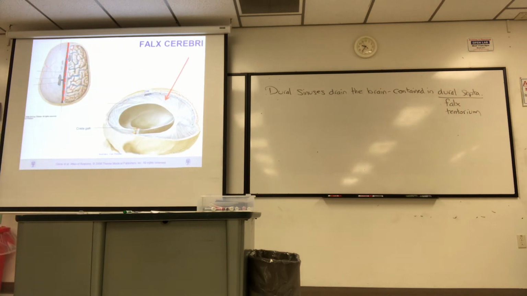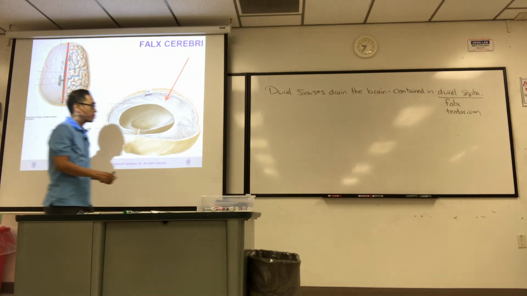I put this picture here because the big red line tells you what this septa separates. The falx cerebri separates the two cerebral hemispheres in the brain.